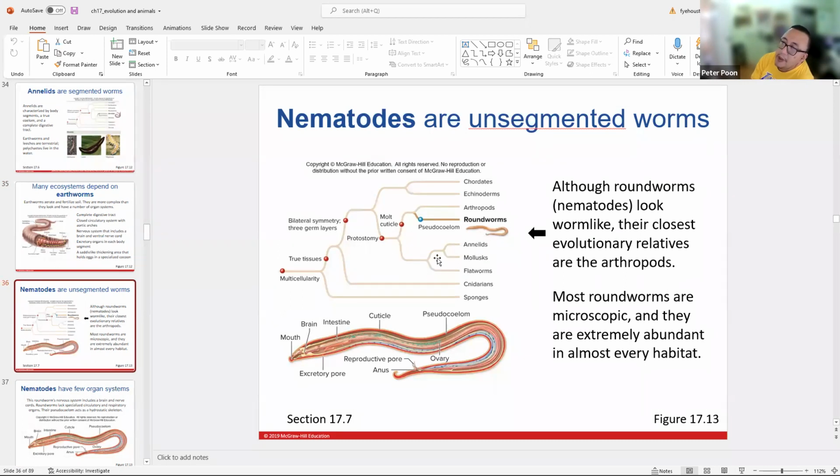Unsegmented worms are roundworms, also known as nematodes. They actually molt their cuticle, which is a big difference compared to these guys. I know it doesn't seem like a big deal, but it is. The molting of the cuticle puts it closer to arthropods. Roundworms are closer to arthropods than they are to all the other worms.